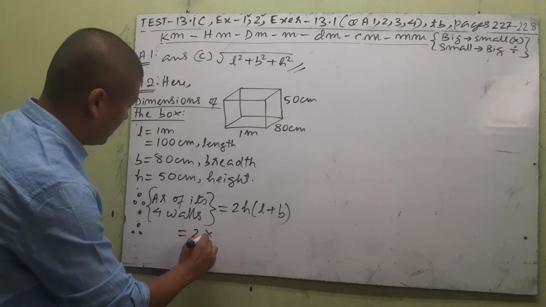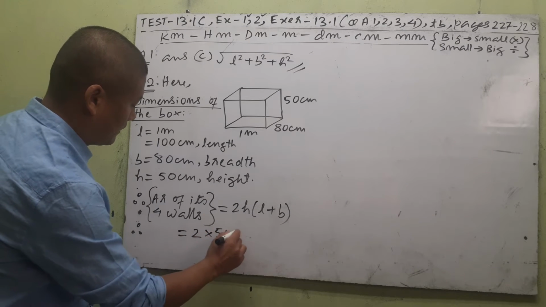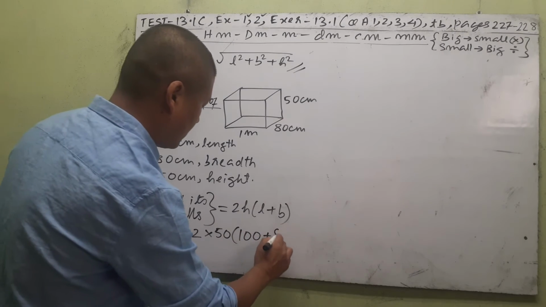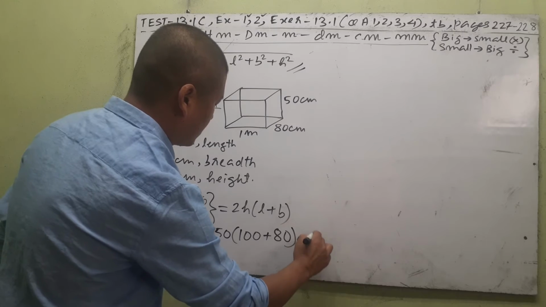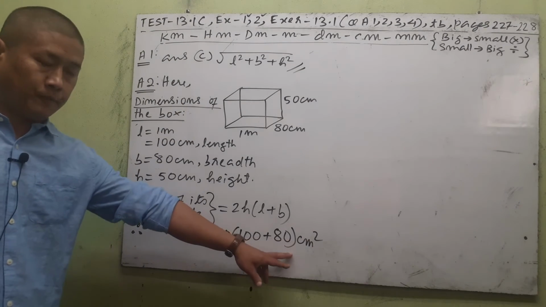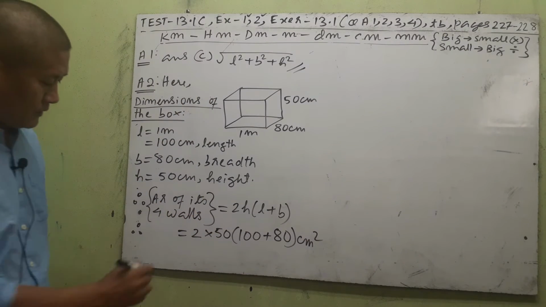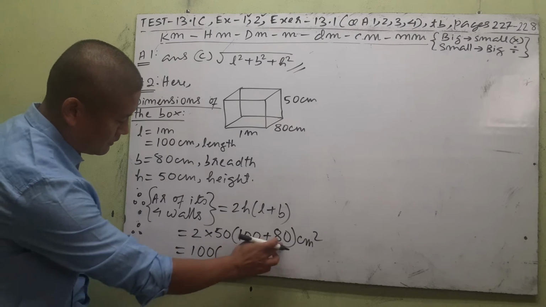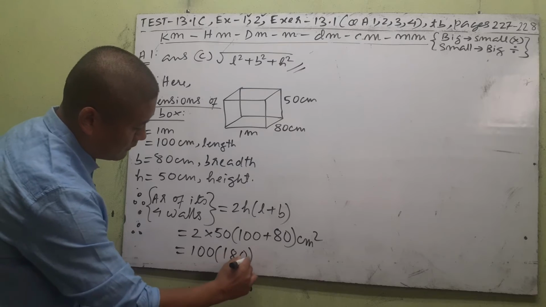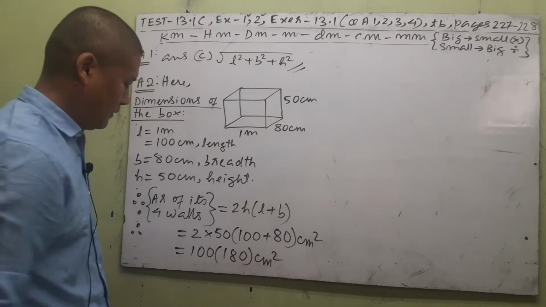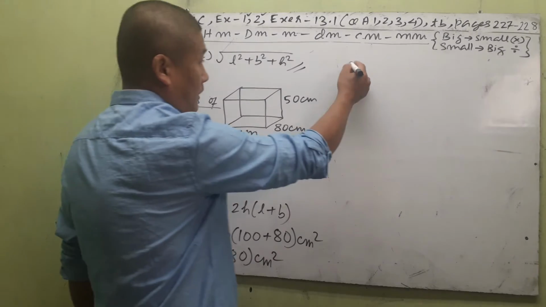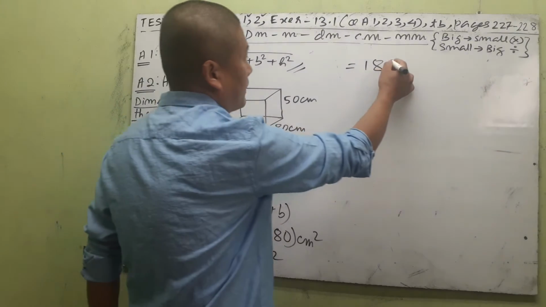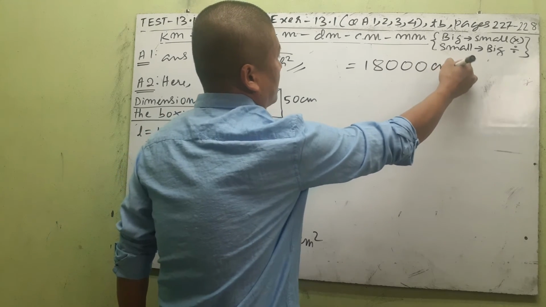So twice H is 50, L is 100, plus B is 80, and for area we put centimeter square because area is 2-dimensional. So 2 into 50 is 100, into 100 plus 80 is 180 centimeter square. And leave us with 18 there, and 1, 2, 3, 0, simply put at the back, centimeter square.